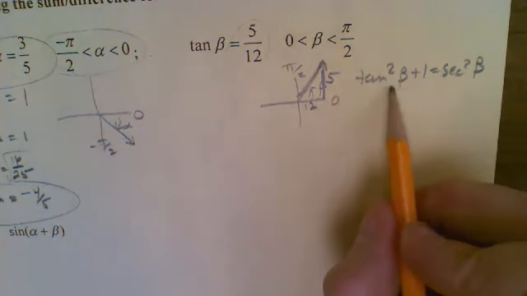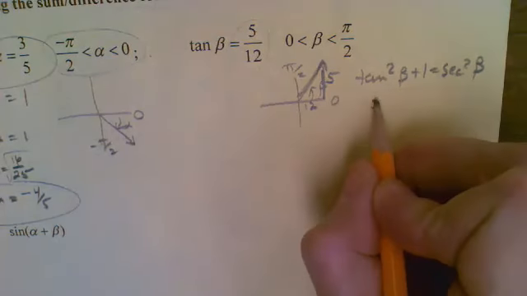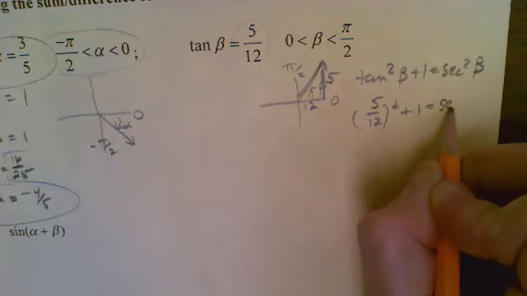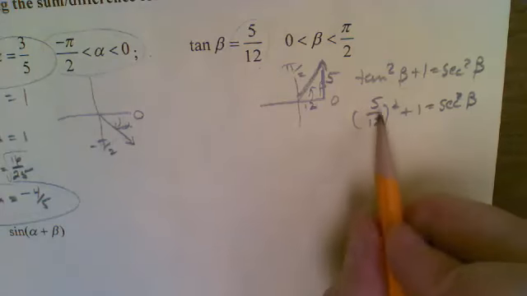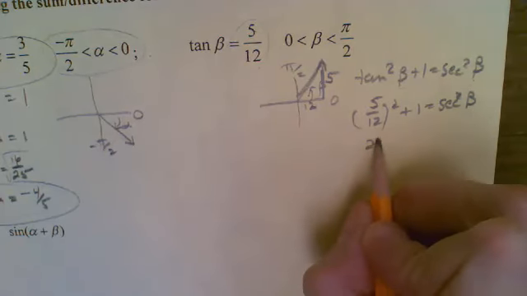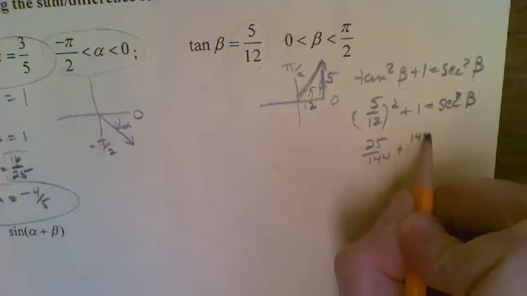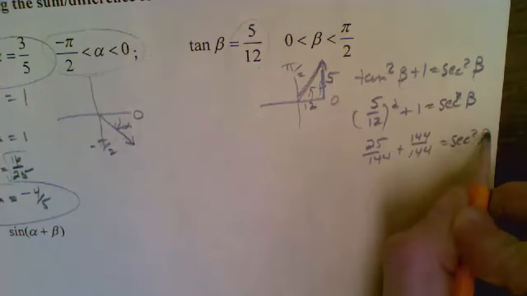So let's say we use this one, tangent squared plus 1 equals secant squared. So if I have tangent squared, I write that down. Plus 1 has to equal secant squared beta, we're dealing with beta now. So this would be 25 over 144 plus 1, which is 144 over 144, equals secant squared.